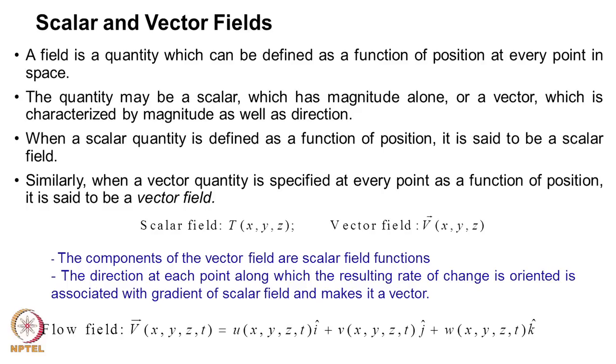So, for a flow field, the velocity vector v is a function of spatial coordinates x, y, z and also of time. You have 3 components u, v, w, and all 3 also vary as a function of x, y, z as well as time. To get back to the velocity vector field, you multiply the magnitude with the corresponding unit vectors i, j, k. So, one can obtain a vector field from the scalar field in this way.